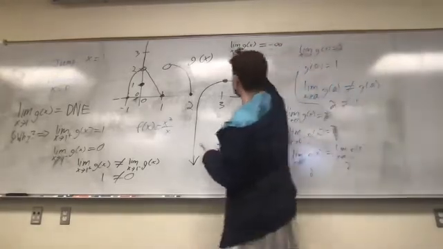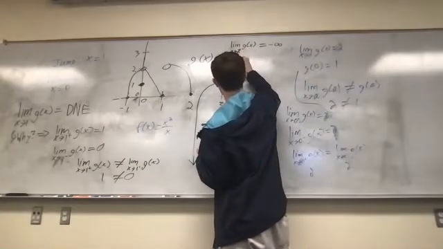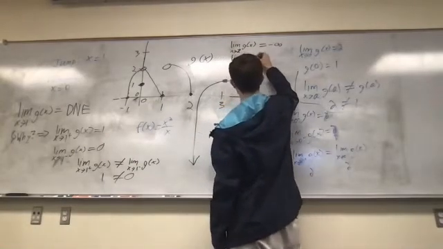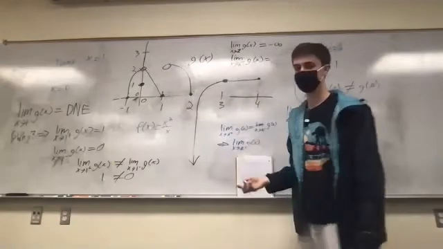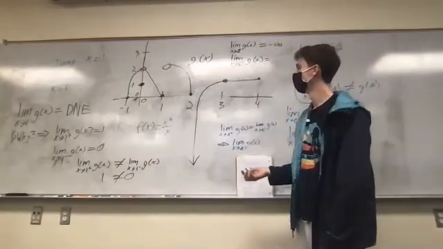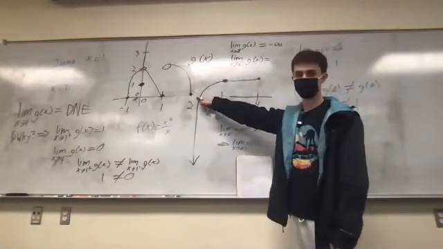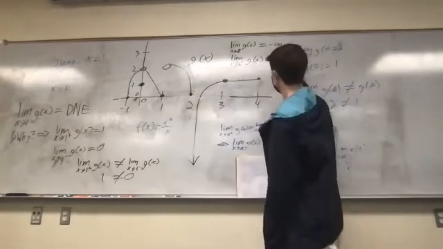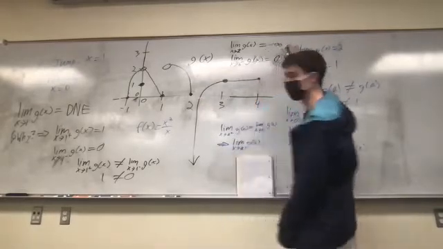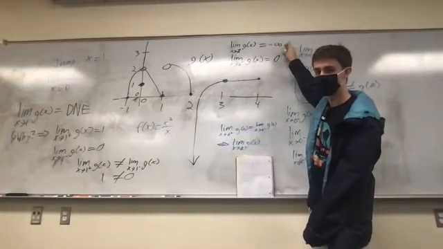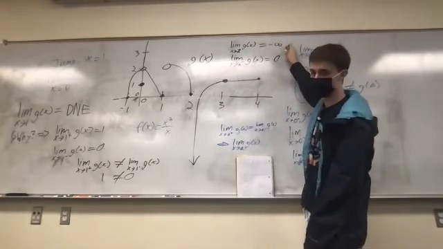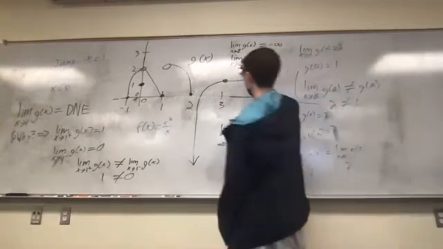Let me continue. So the limit as x goes to 2 from the left of g of x. What is that? That's 0, right? Okay, cool. But these aren't the same, are they? Negative infinity is different from 0.